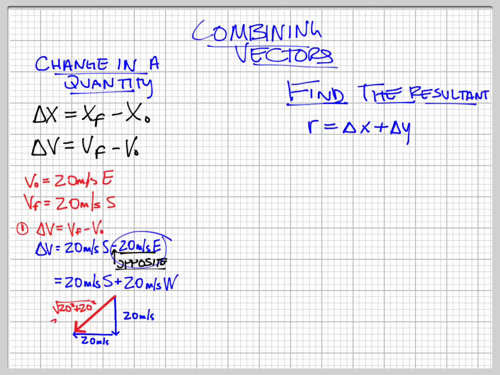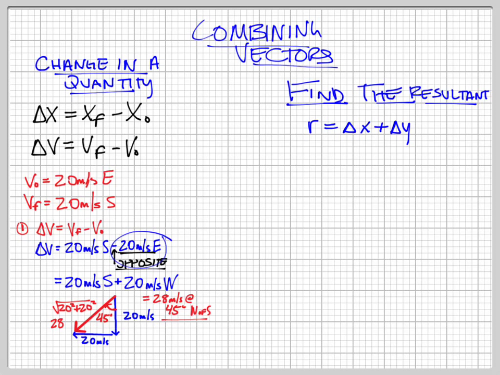It's something close to 28. And this angle, since they're the same, we know is 45 degrees. And the answer to this is 28 meters per second at 45 degrees, and for this triangle we start off south, we swing a little west, so it's west of south. Okay, that's the first way to do it, is just look at the change in velocity formula.